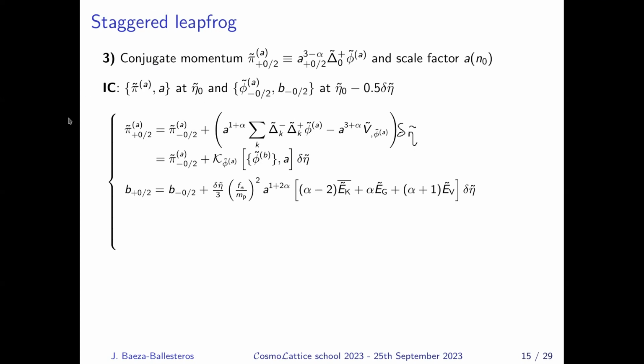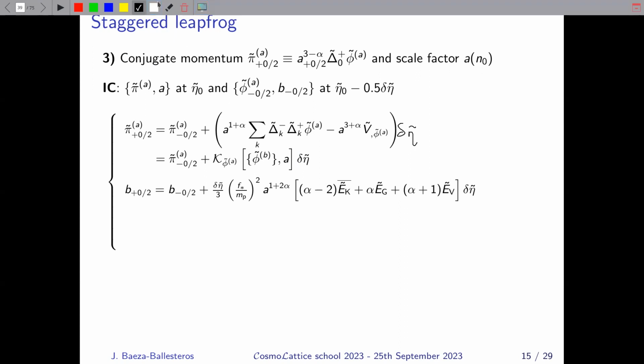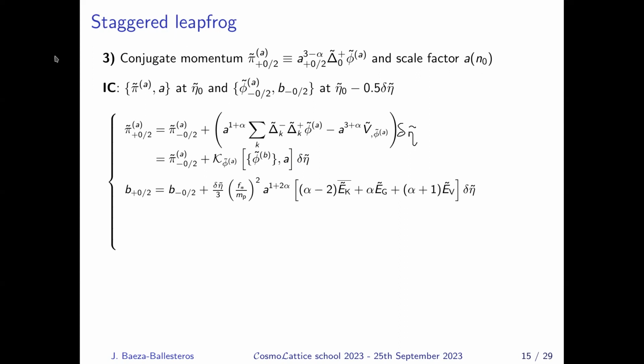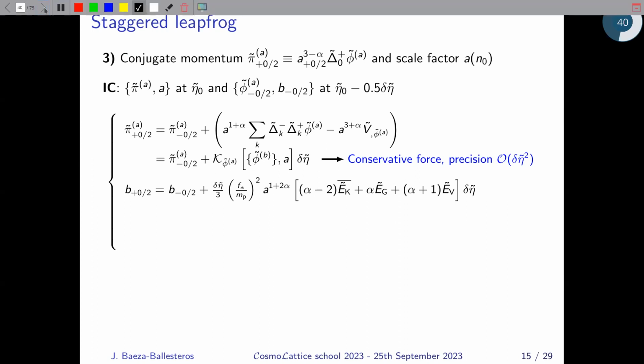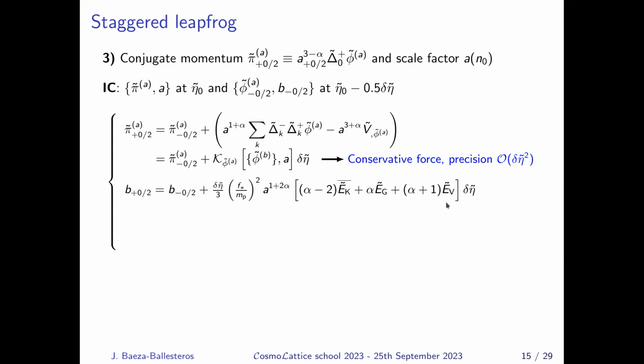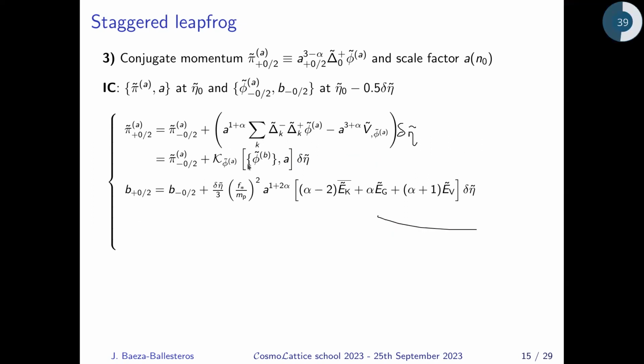So we can evolve the conjugate momentum and find that the kernel we have now does not depend on the momentum itself. It now only depends on the field and on the scale factor.